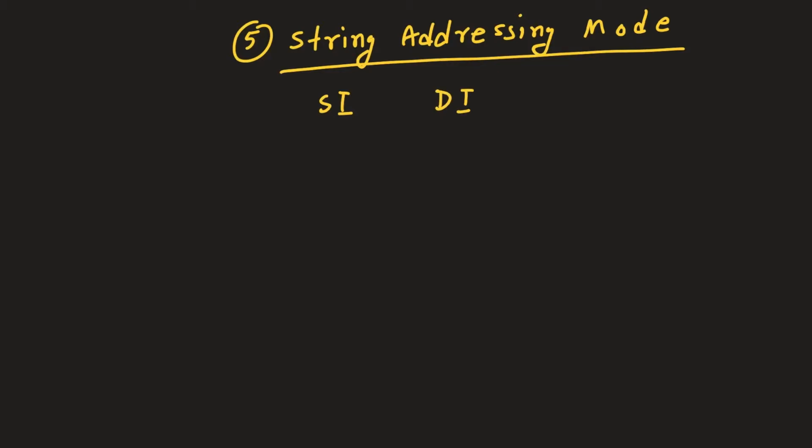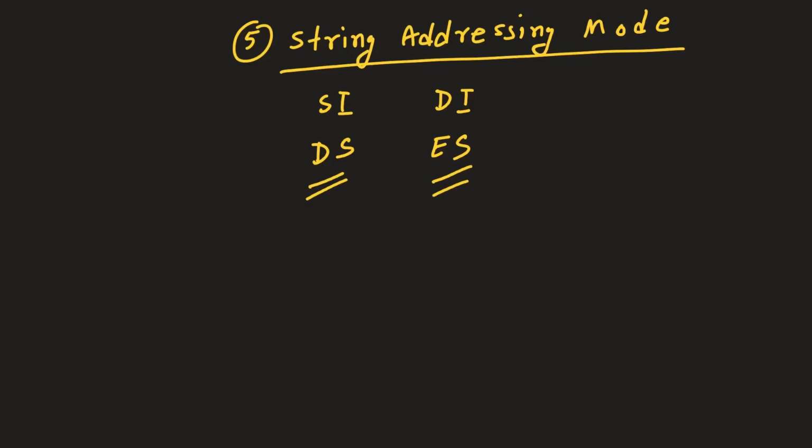The base address of the source data is given by the data segment and the base address of the destination data is given by the extra segment.